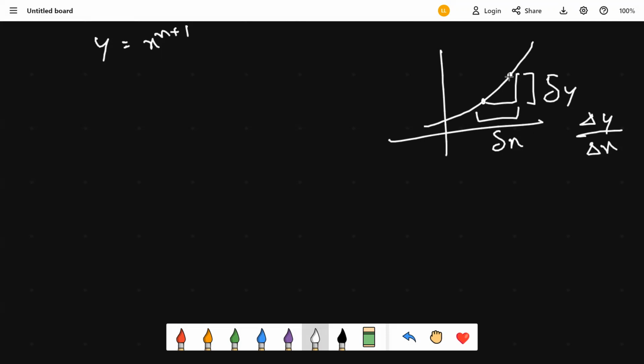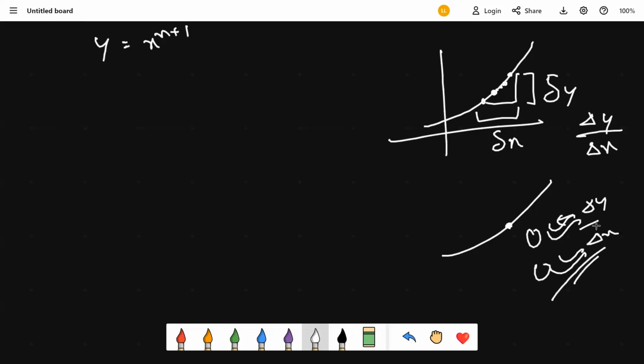Now, if we reduce this difference between the two points and minimize it so much that the change in y is almost equal to 0 and the change in x is almost equal to 0, I'm not saying exactly equal to 0, but almost, that moment this del y by del x becomes dy by dx. That's the main term.